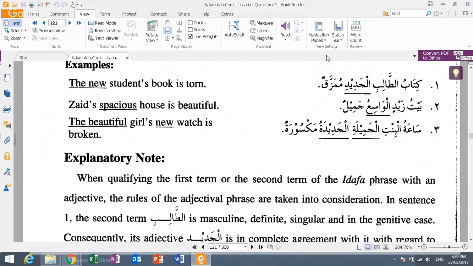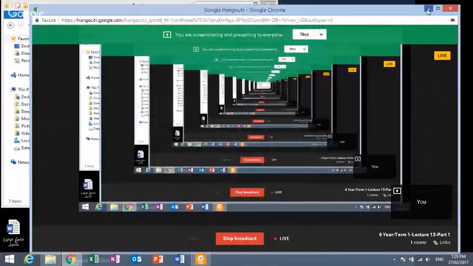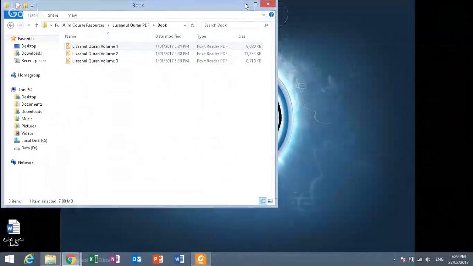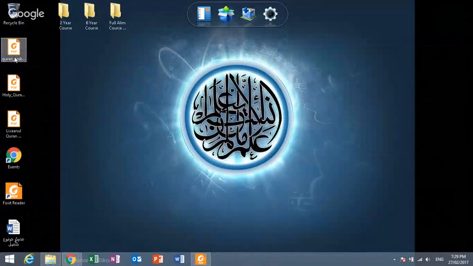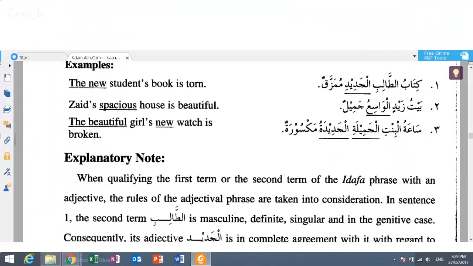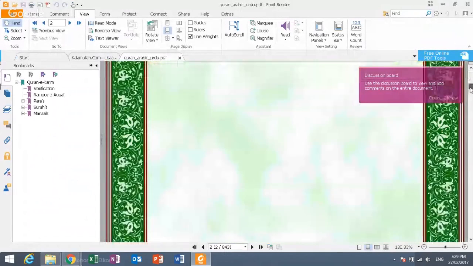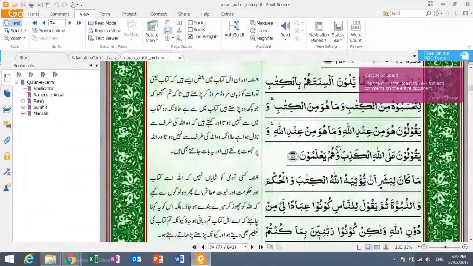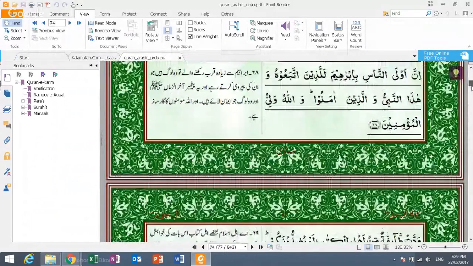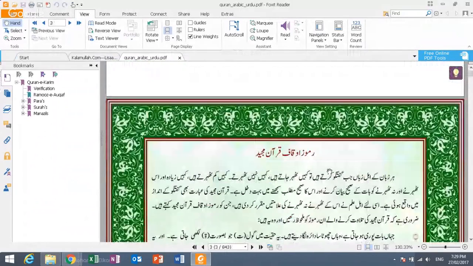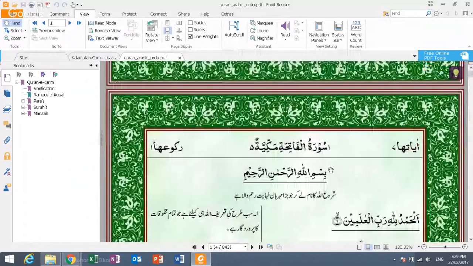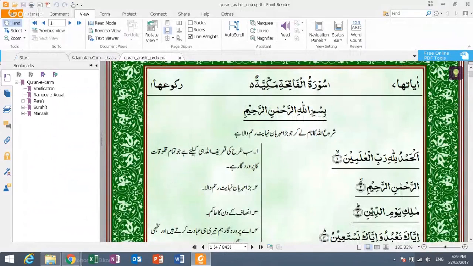Okay, just the Quran. See here. Ismi is, say it, what is this?